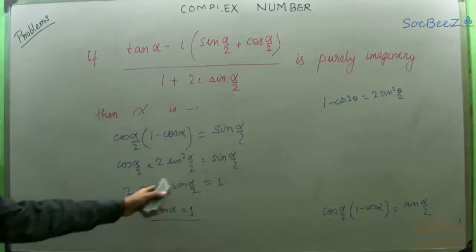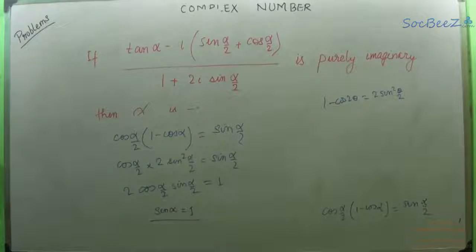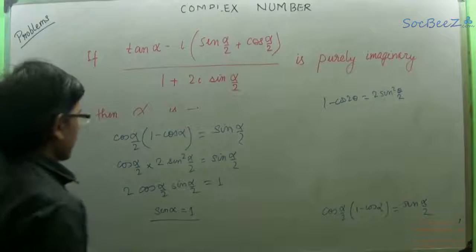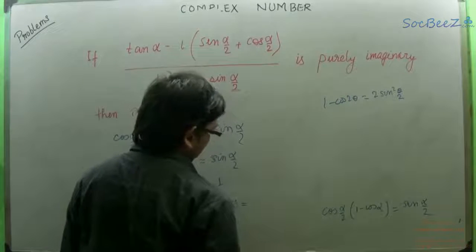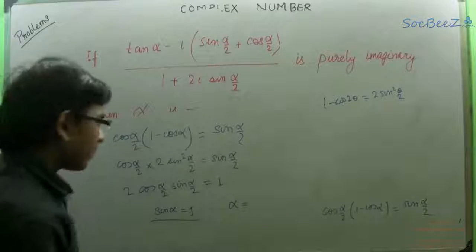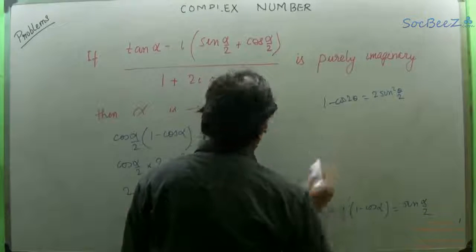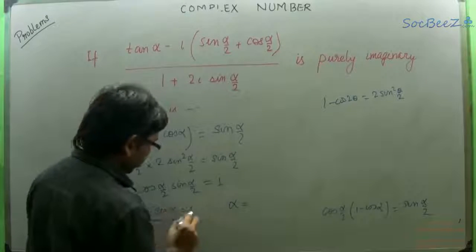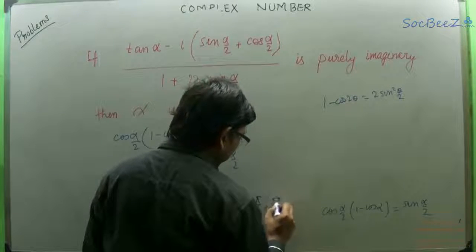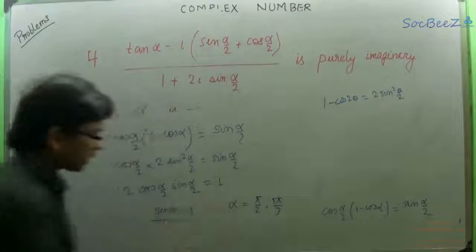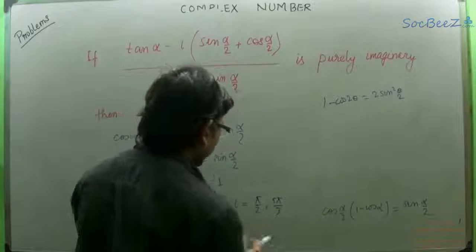Because this is 2 sin alpha by 2 cos alpha by 2, which can be written as sin alpha, right? Okay, sin alpha is equal to 1, which means alpha is equal to pi by 2, 5 pi by 2, right? Not 3 pi by 2, because sin 3 pi by 2 is minus 1. So alpha must be equal to pi by 2, 5 pi by 2.